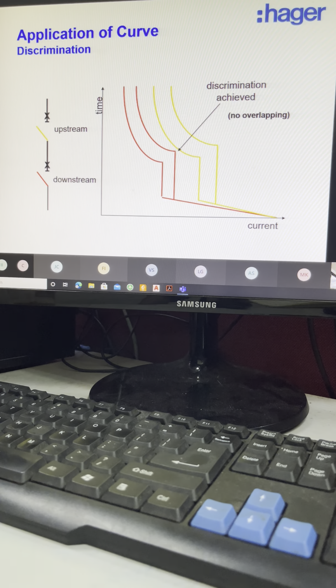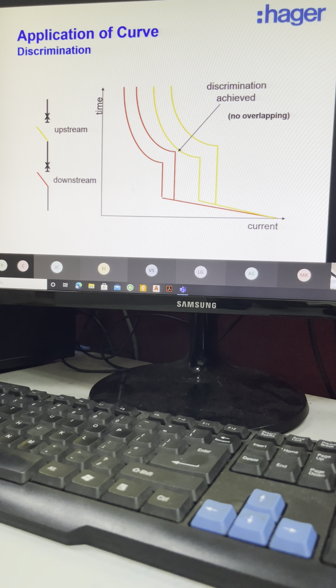If you look at these two, the red and the yellow, make sure the upper limit of your downstream is not touching the lower limit of your upstream breaker. That is crucial to achieve discrimination. If they overlap, when there is a fault downstream, both breakers may trip.